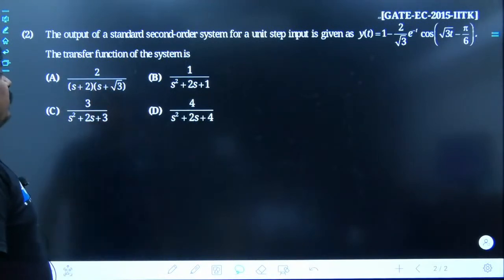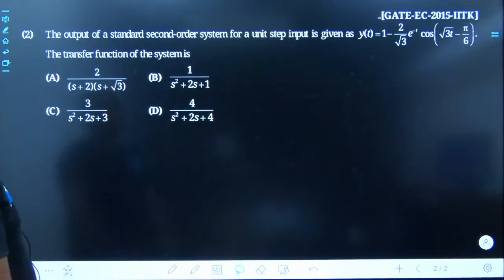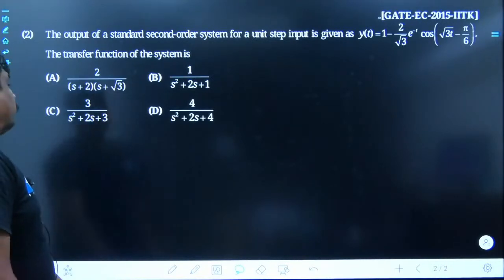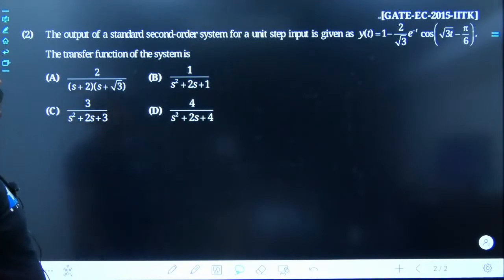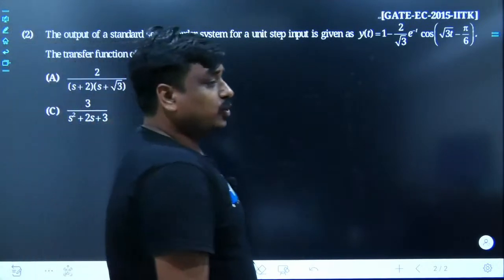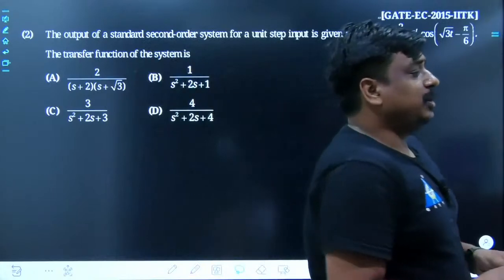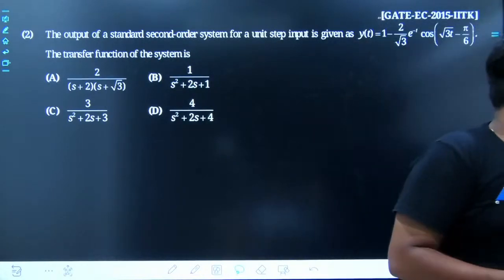Option B is 1 divided by s square plus 2s plus 1. Option C is 3 divided by s square plus 2s plus 3, and option D is 4 divided by s square plus 2s plus 4. Tell me what would be the best answer for this given problem.